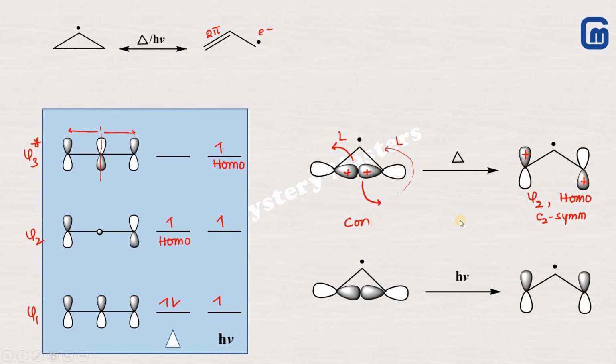So that means when we open the system, here we should be getting the M symmetry. That means the same type of lobe should be in the same direction.